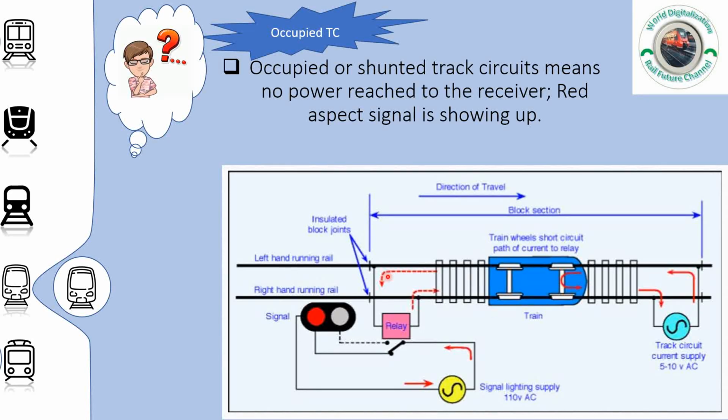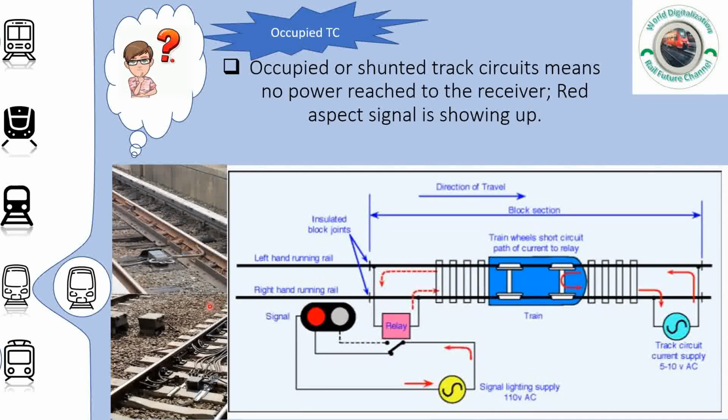So each track circuit will work alone, so we can identify which track section is occupied or not. This is how the track circuit looks in reality over the track.